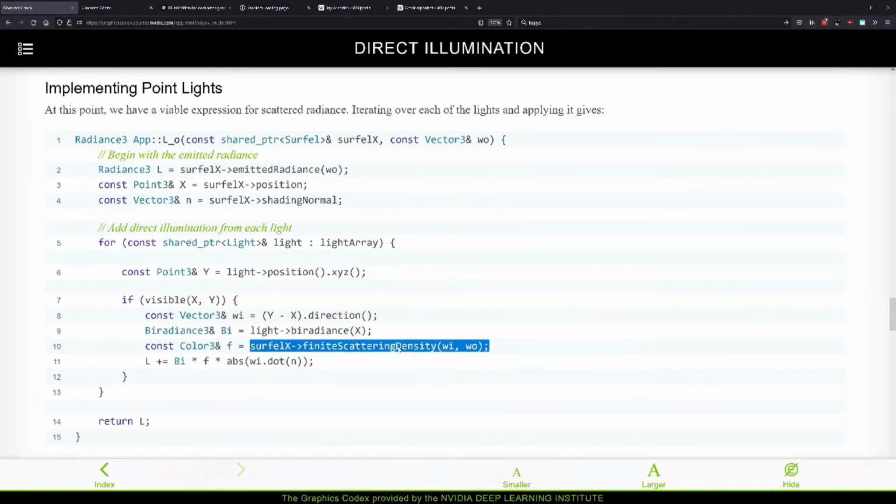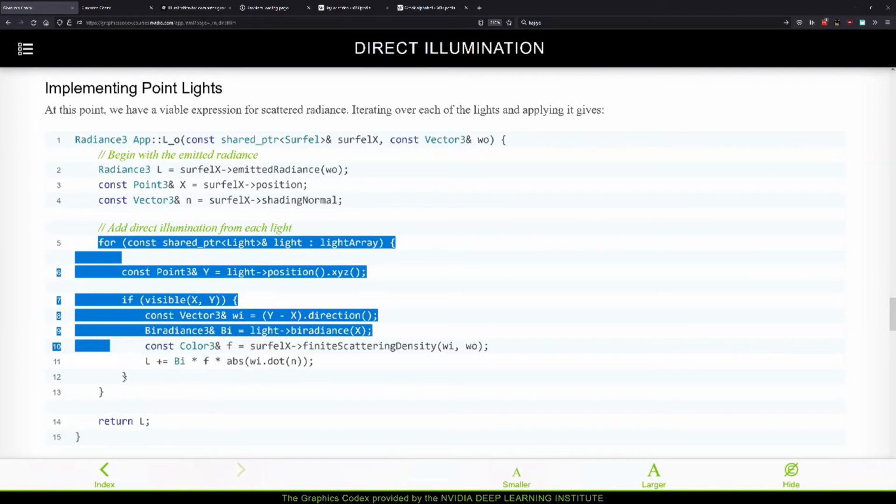Then we call the finite scattering density function to get the color given our outgoing and incoming directions. We dot product our incoming light by our normal, multiply it by f, which we still really haven't defined, and then multiply it by our biradiance to get the illumination from that direction. And we just do that over and over for all the lights.